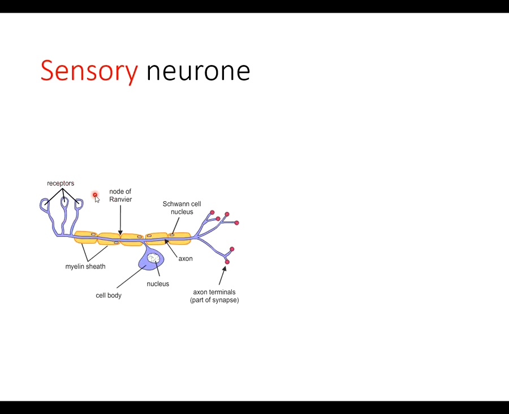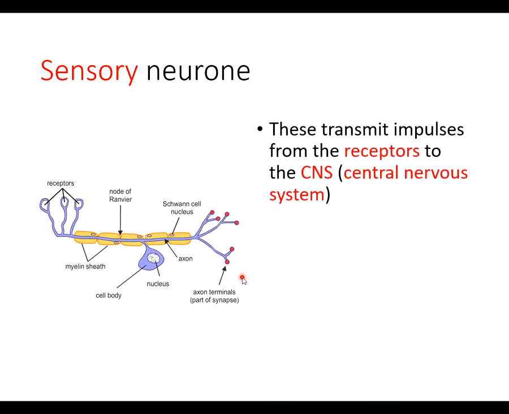That might be receptors in your eye or in your ear or in your nose or in your tongue or in your skin. And then those impulses travel all the way along this to this end. These are inside your central nervous system. So, sensory neurons transmit impulses from the receptors to the central nervous system.